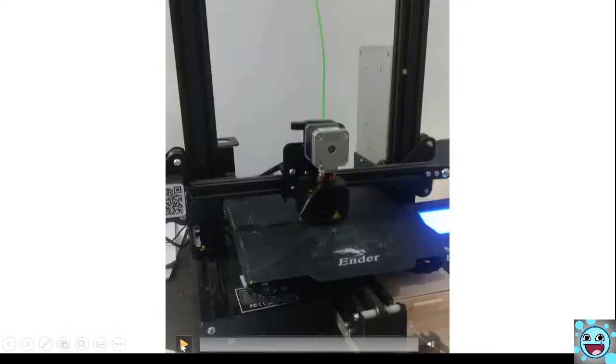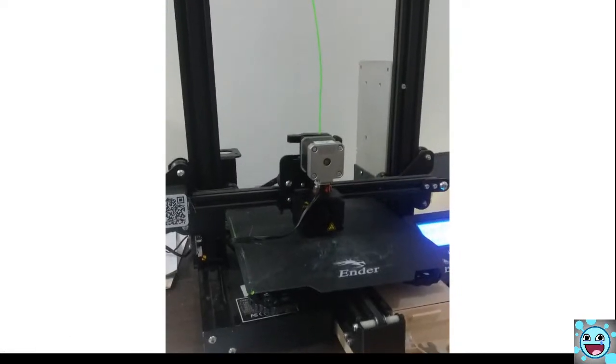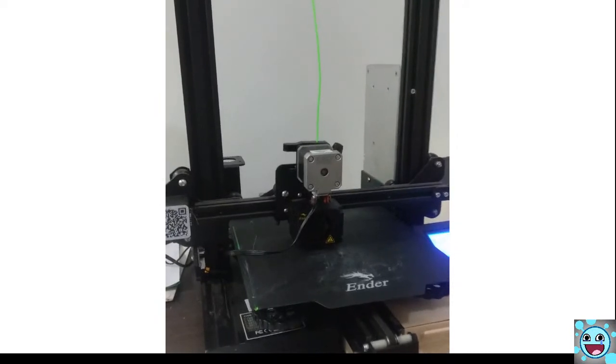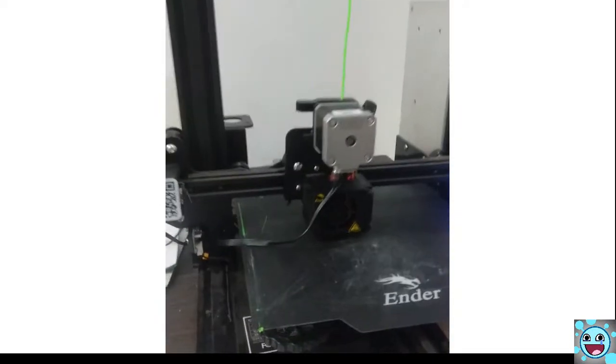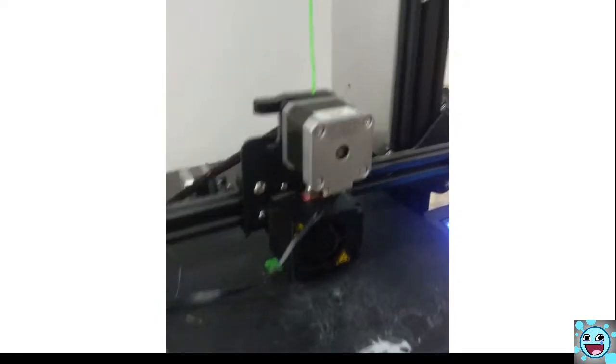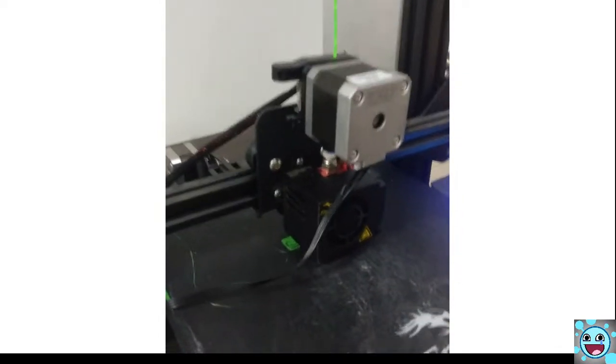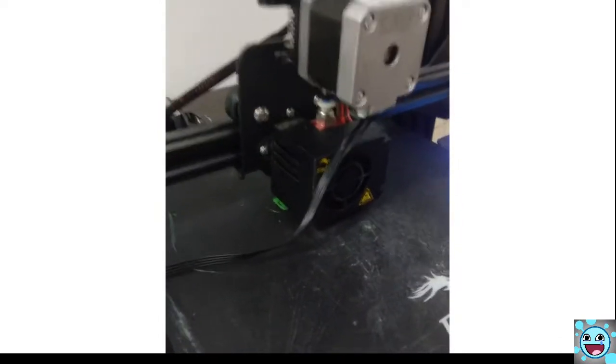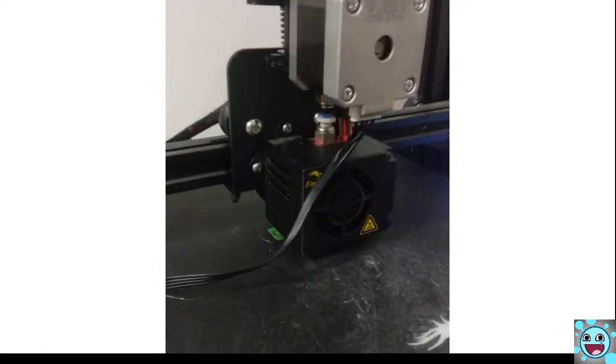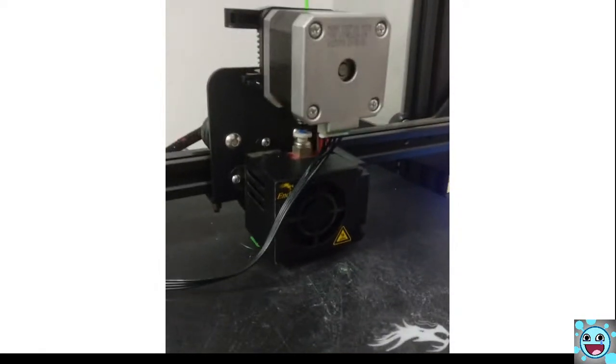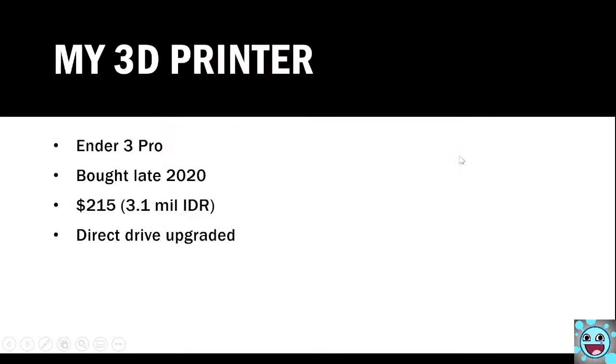Here we can see a 3D printer. In fact, this is mine in action. We can see that the X and Y motors are moving, and then it deposits material according to the program pattern.